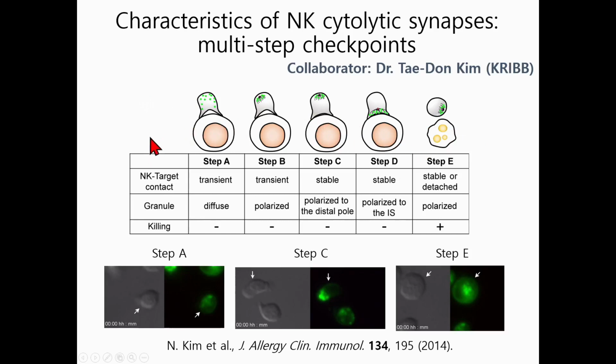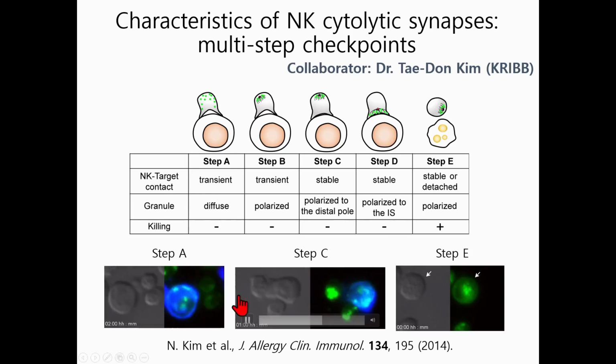Let me show you some examples. We have NK cells and target cells coming next to them. In this case, they somehow don't recognize it as a cancer cell, so they just touch it and make only a transient contact. In some cases, they can recognize, but they don't kill. This NK cell makes a stable synapse, which is a good thing, but the bad thing is their granules are still in the distal pole.